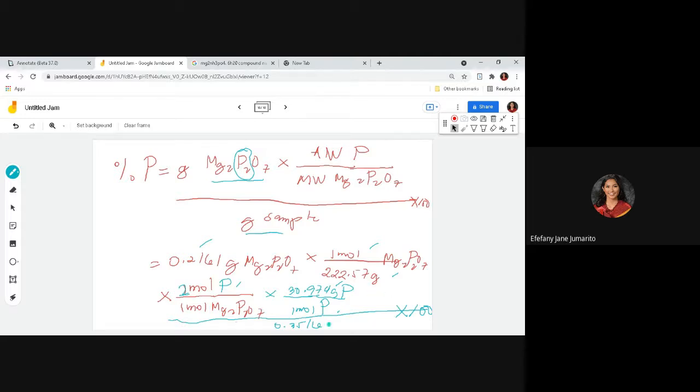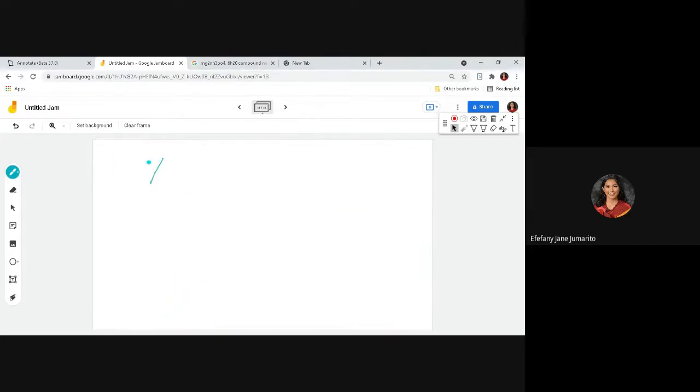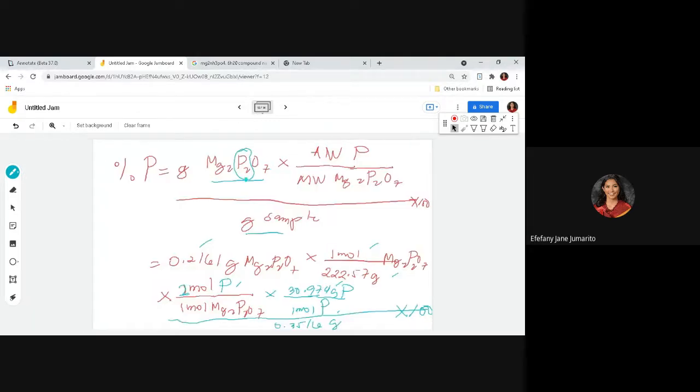Then you divide the whole thing by 0.3516 grams, then multiply by 100. Percent P is equal to... times 100%. You cannot achieve percent without this.